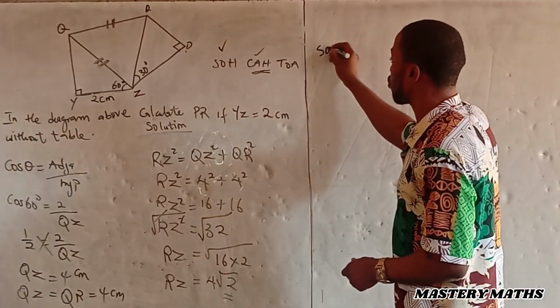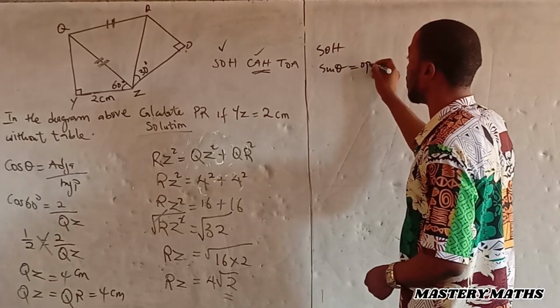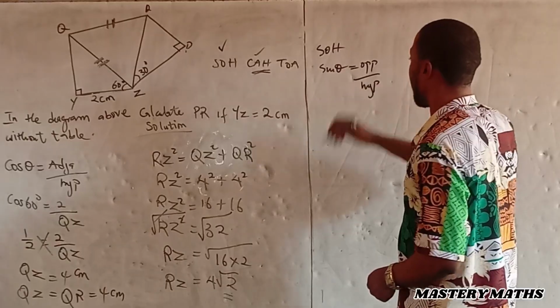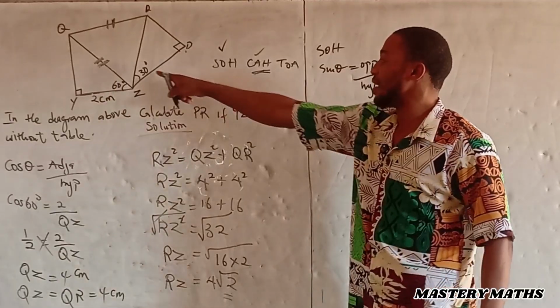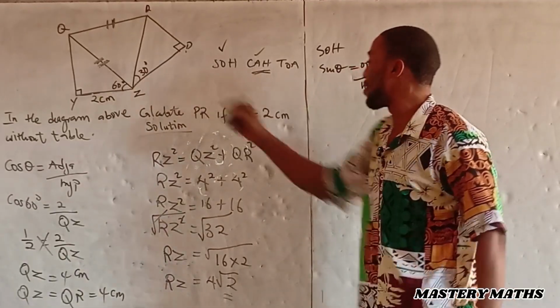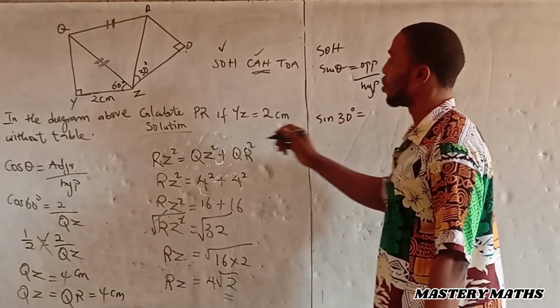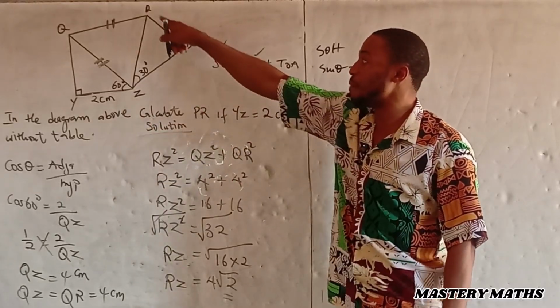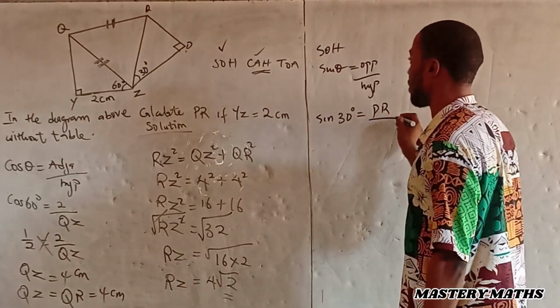So it will be SO, which is sine theta equal to opposite over hypotenuse. Now in the sine theta, the theta there is 30 degrees. So it will be sine 30 degrees equal to, what is the opposite? The opposite is the PR we are looking for, which is not given, so you write your PR. What is the hypotenuse?